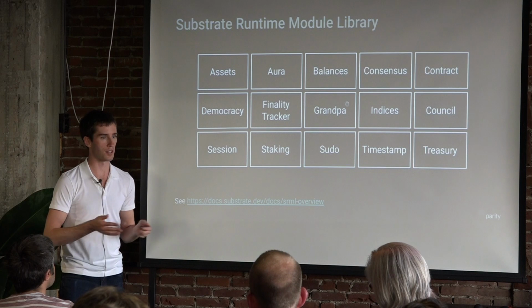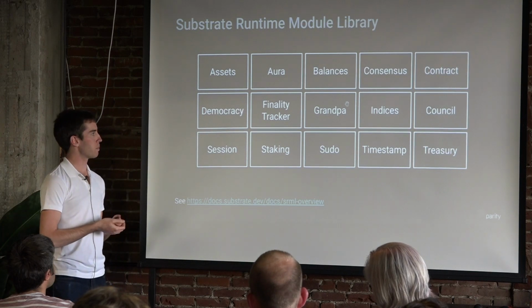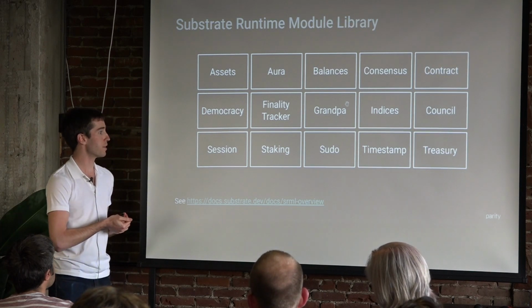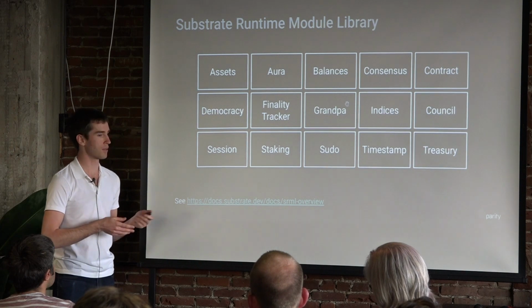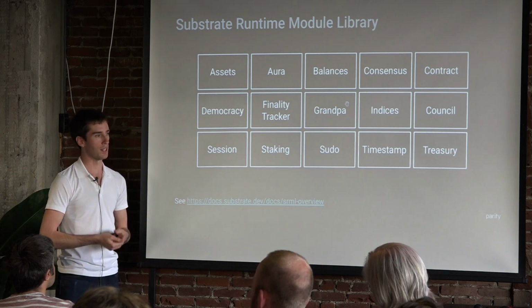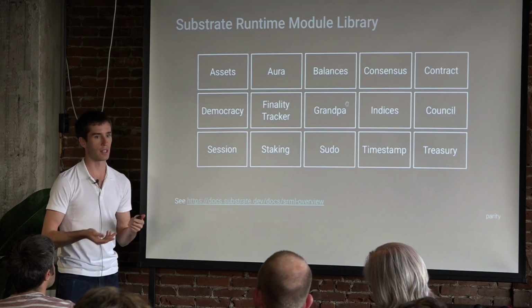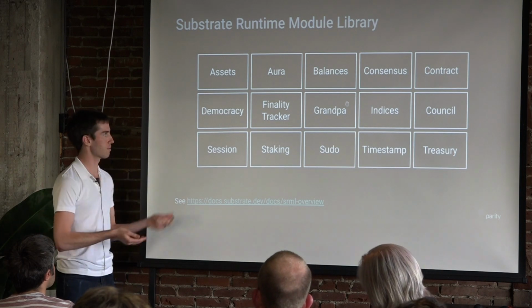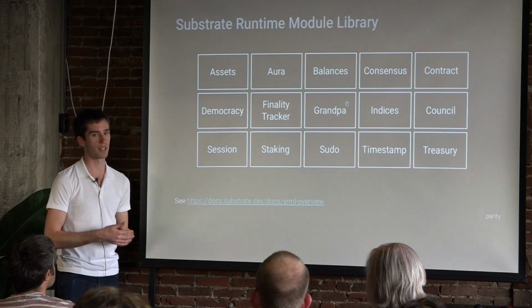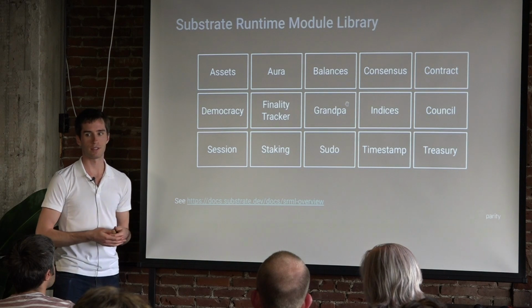Just different features along with these currencies. But you can even instantiate multiple instances of these. So if you want to have a 2 or 3 currency system, you can just use the balances module 3 times and define 3 different tokens.